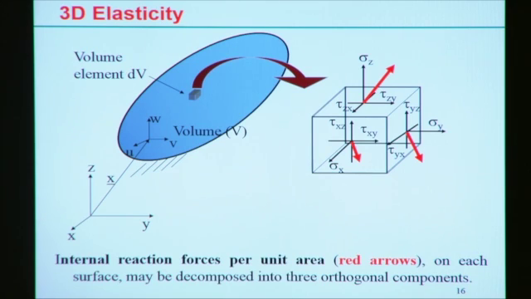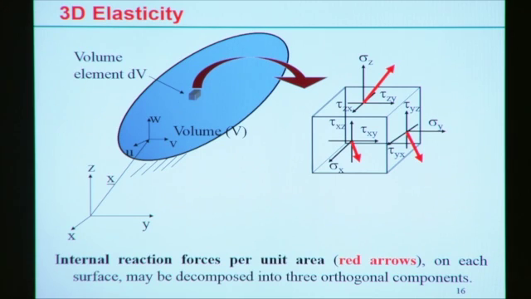Arbitrary forces are acting on an element, but this component of the forces can also be decomposed into three orthogonal components, or maybe we can say that in the Cartesian coordinate system, we can define the general state of the stress.